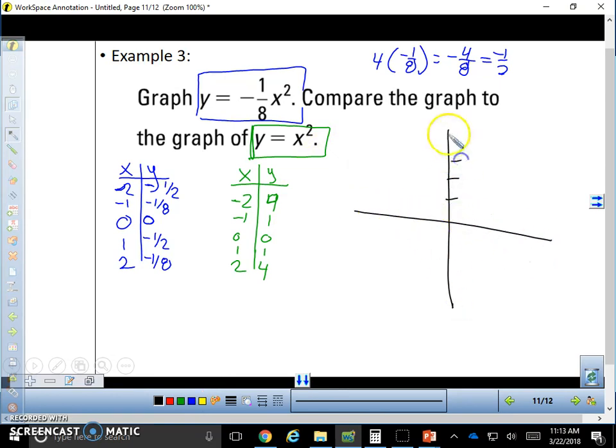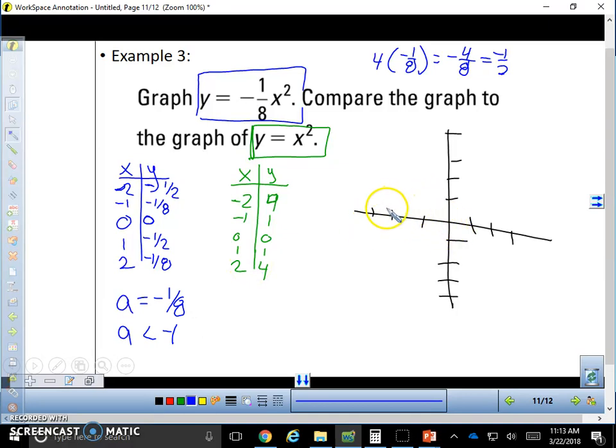What do they have in common? What don't they have in common? We know for this first one that A is -1/8. The absolute value of A is less than 1, which does something specific that we looked at in our notes. So let's see what happens.